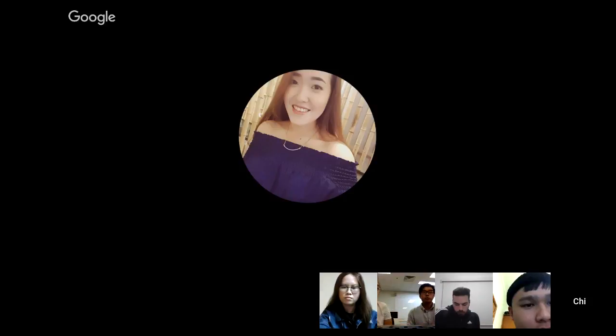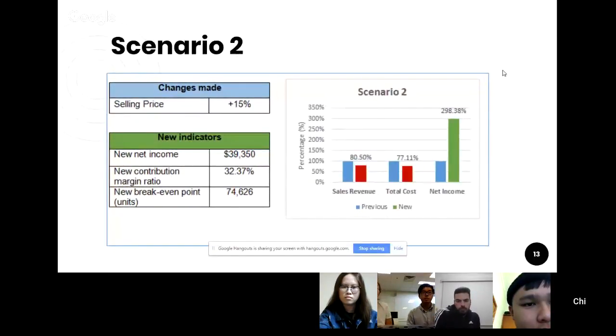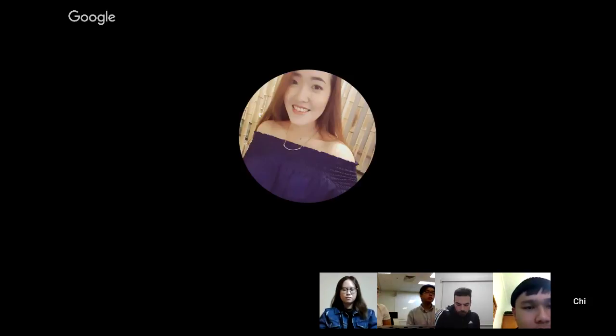Second scenario, we will increase the selling price by 15%. This will result in lower sales revenue and lower total cost, but the new net income will also be higher, at $39,350. And we have a higher contribution, meaning that we have more revenue to cover fixed costs, and a lower break-even point means that we can reduce the scale of business while still making a profit.